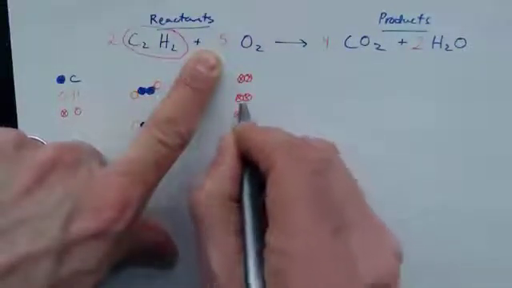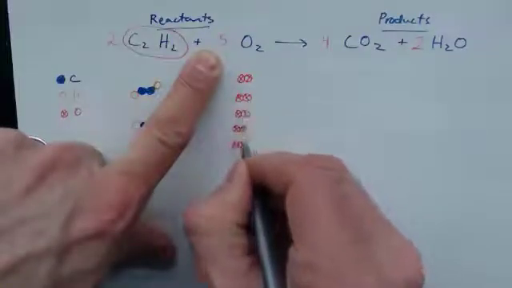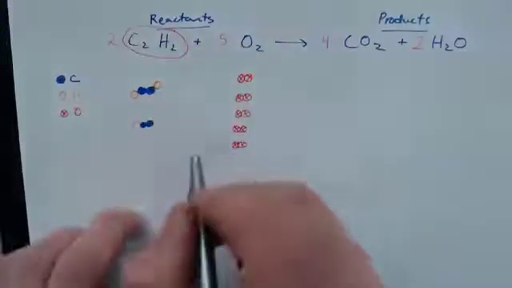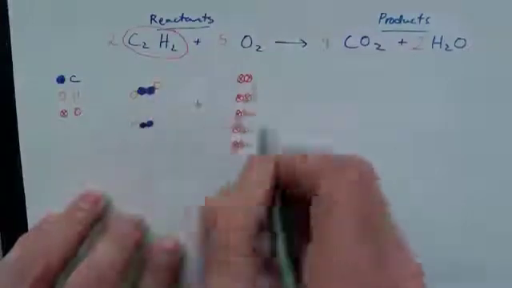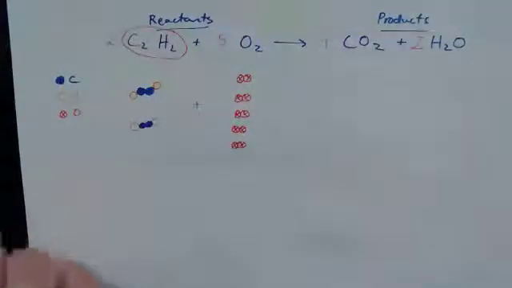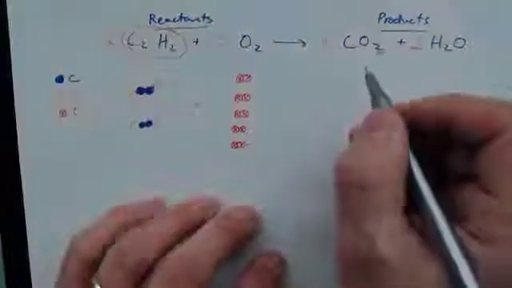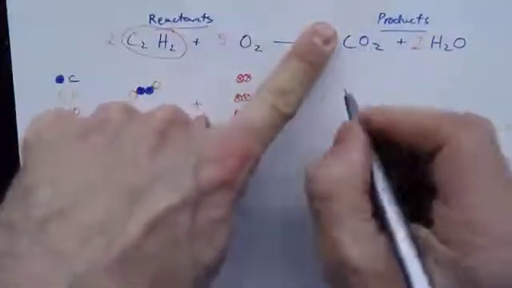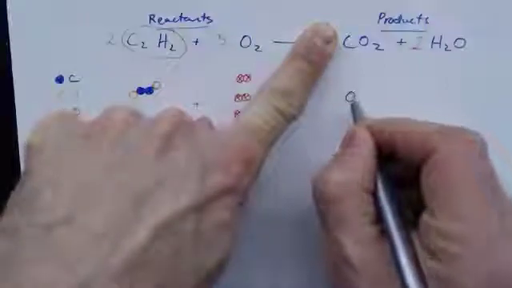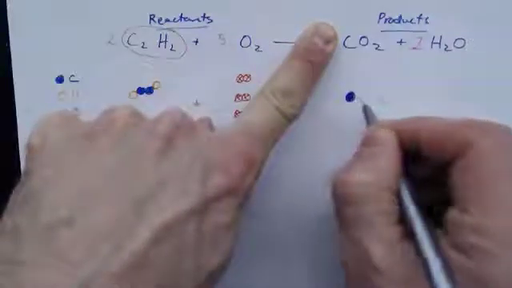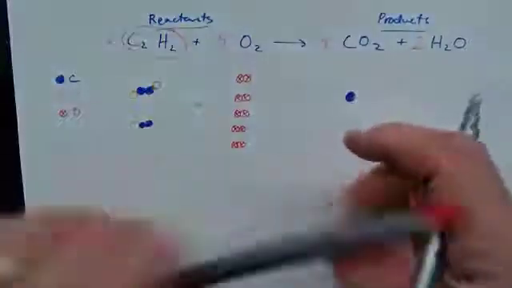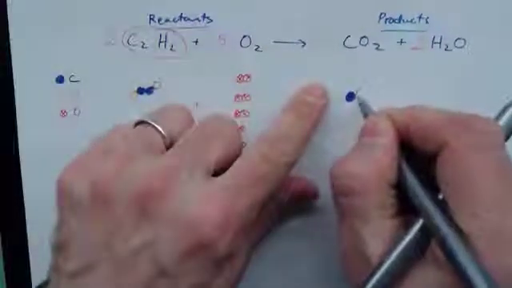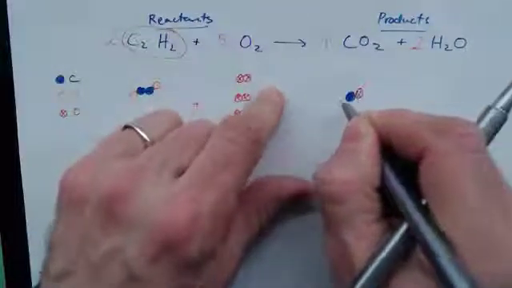These have to be touching, and these have to be separate. That plus that produces 4 CO2. I cover the coefficient, a molecule is CO2. So I'm going to draw the C, which we decided was a solid circle, and 2 oxygens. They should be touching.